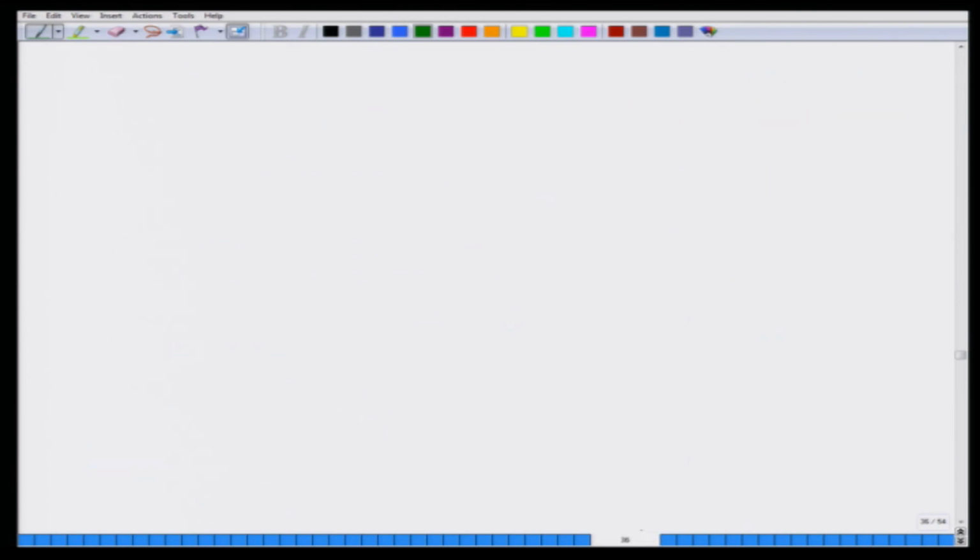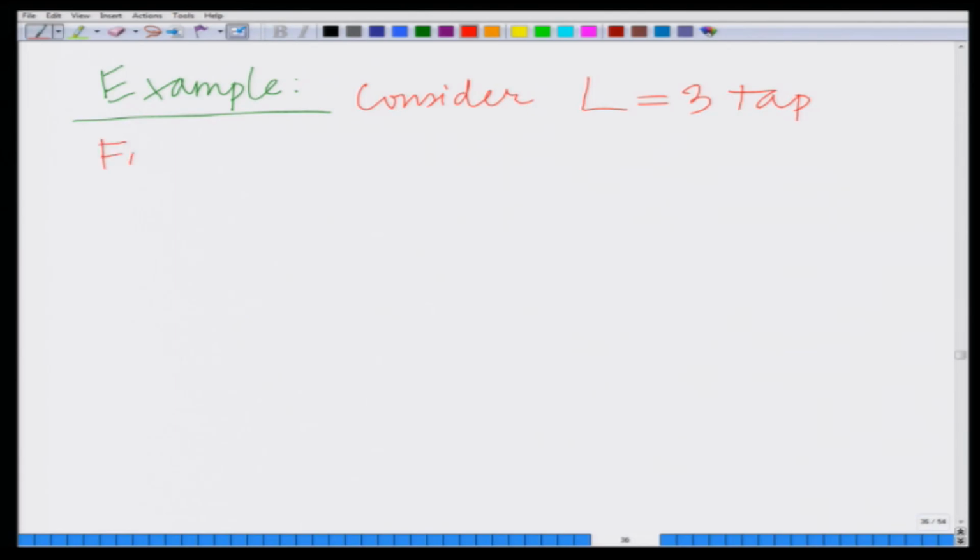So, to understand this better, let us do a simple example in this context of the CDMA. Consider an L equal to 3 tap frequency selective channel in a CDMA system.